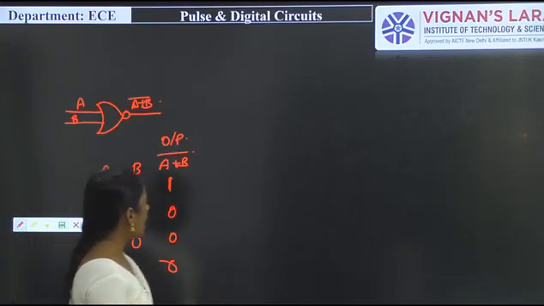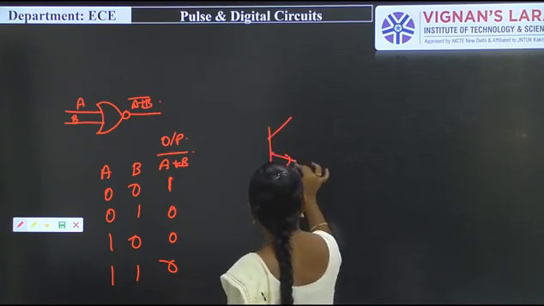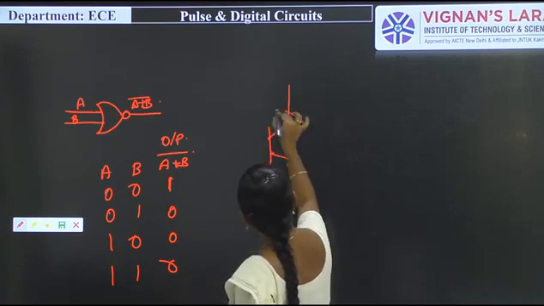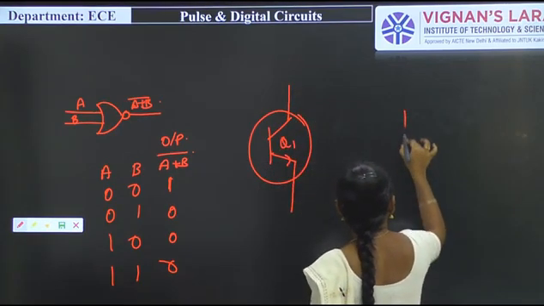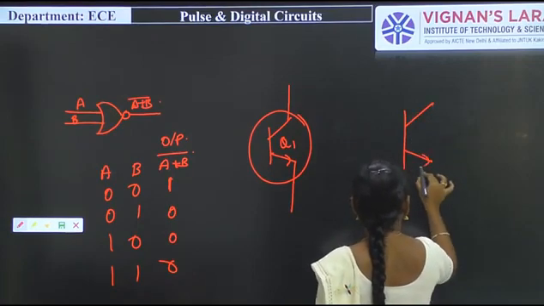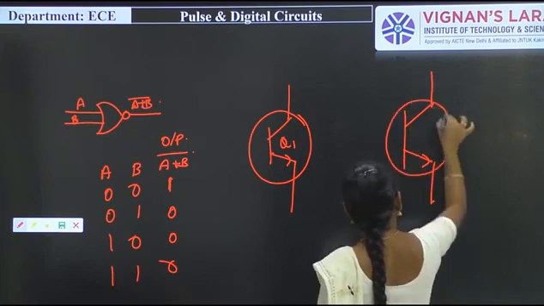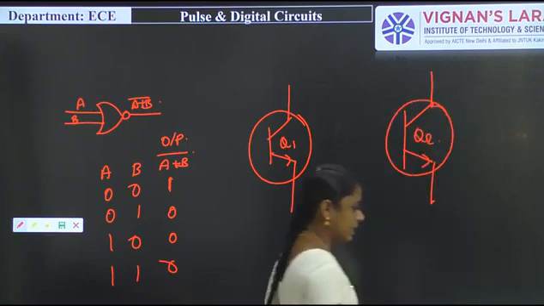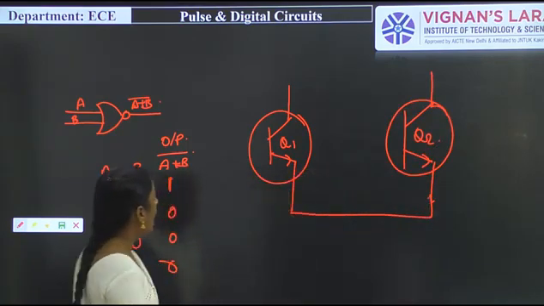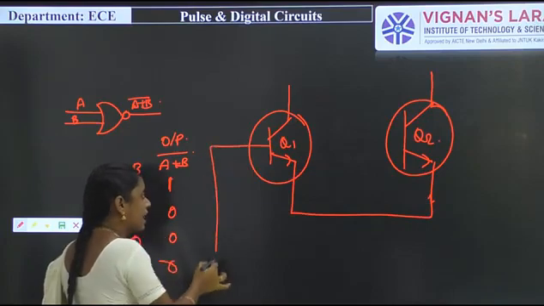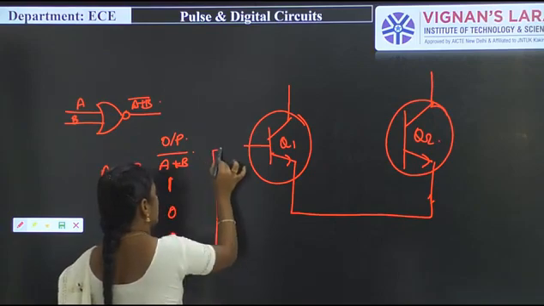So at this particular time, what is the diode transistor logic? So this is Q1, let us take it as Q1, Q2, and here both the emitter terminals are connected to the ground and the input is applied at the base terminals of these transistors, with a resistor.